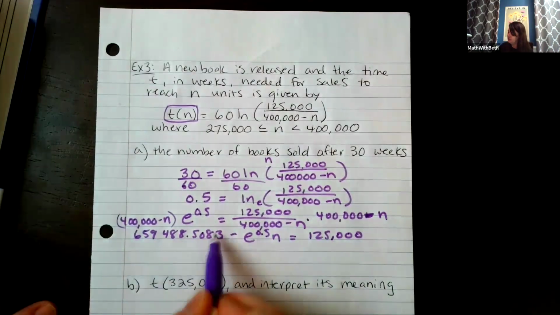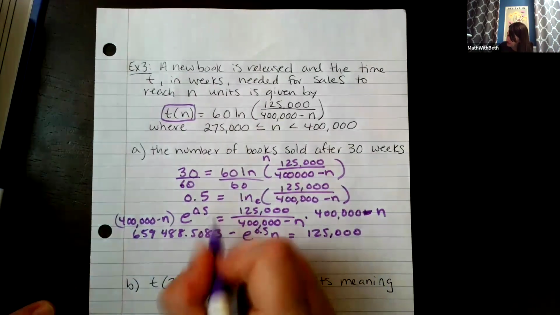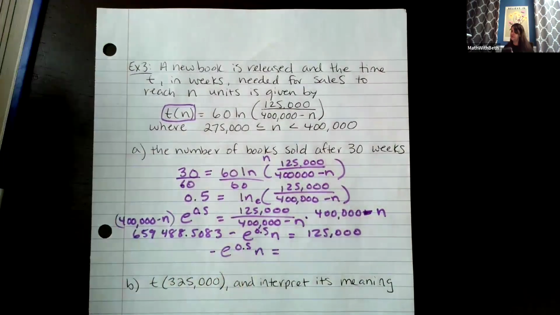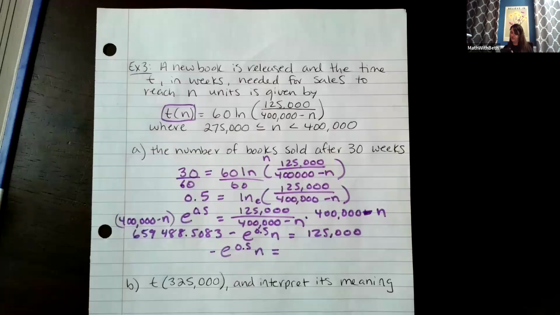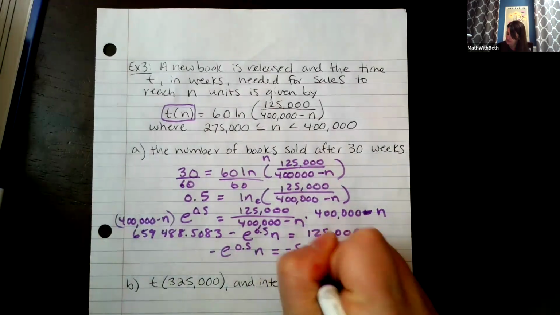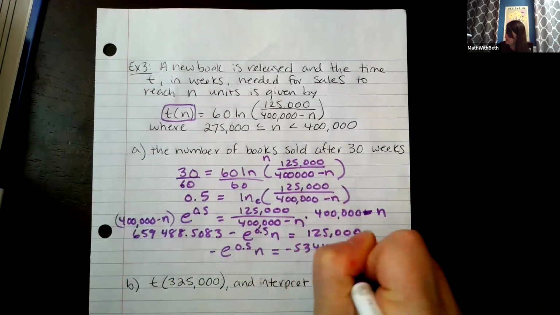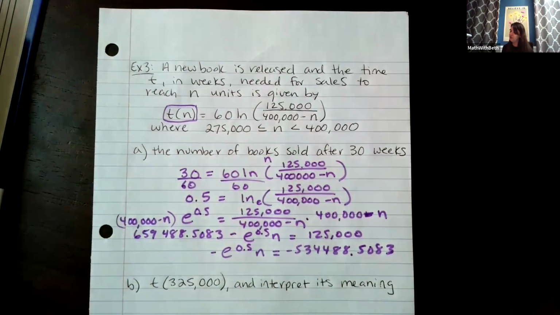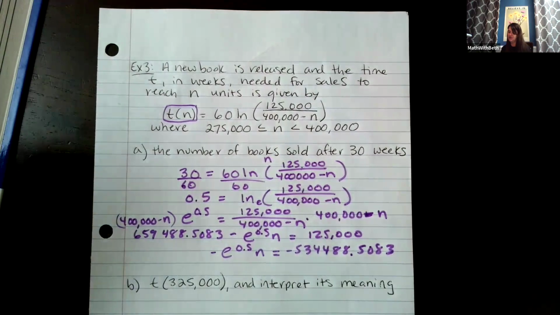Now I can subtract this to the other side. So subtracting that from 125,000 gives me this. So this is just a lot of algebra I'm doing here. Now I can divide both sides by the negative e to the 0.5.